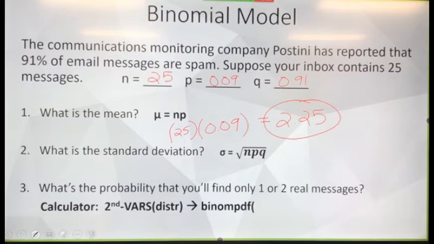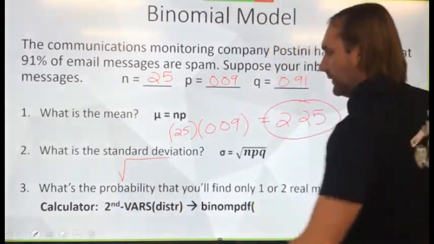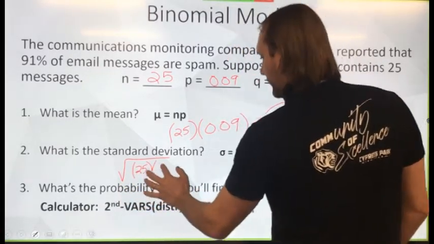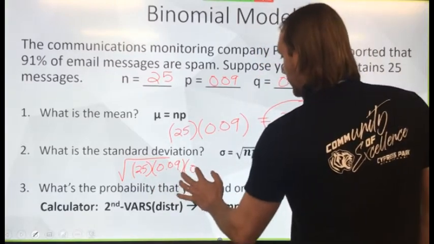What is the standard deviation? So we're going to take the square root of our n, so 25, times p, which is 0.09, times q, our probability of failure.